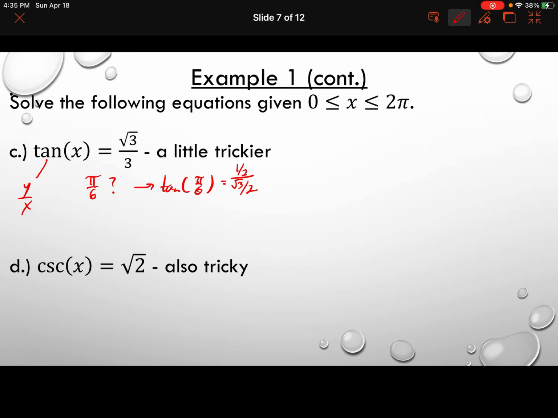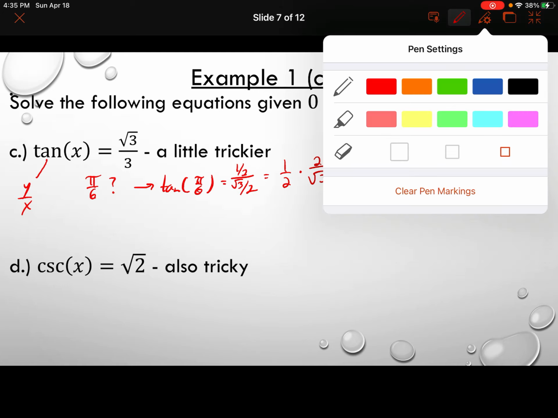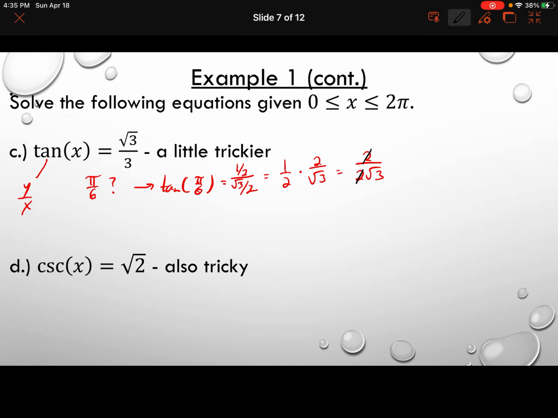Let's simplify that. We're dividing two fractions, so we have 1 over 2 times the reciprocal of the bottom, 2 over square root of 3. That gives us 2 over 2 square root of 3. Those 2's cancel out, and we're left with 1 over square root of 3.